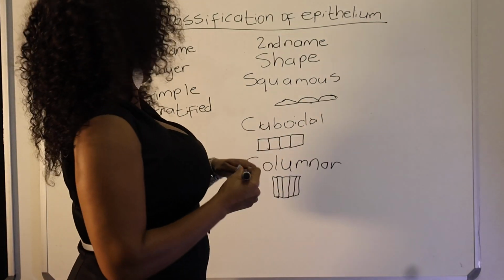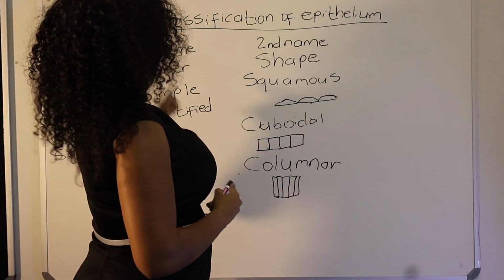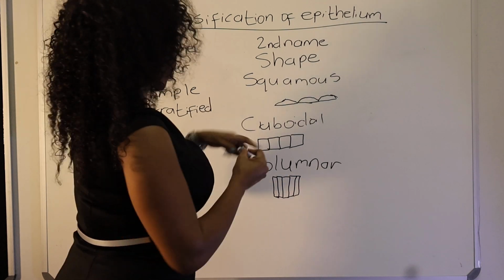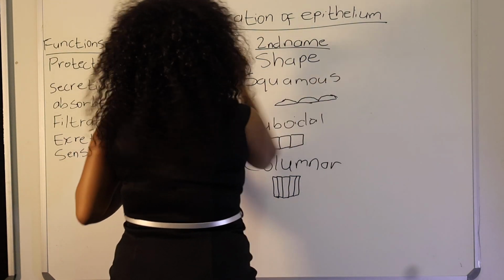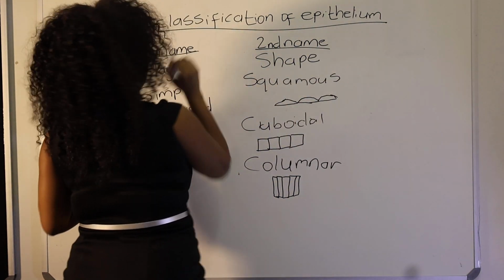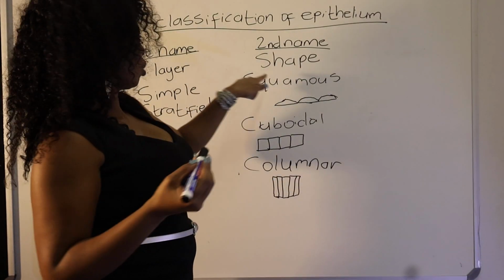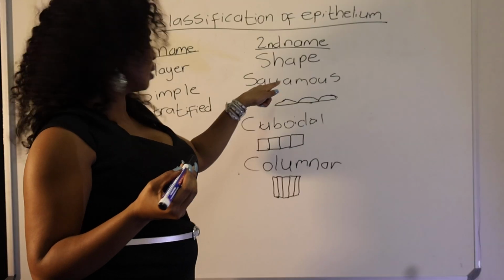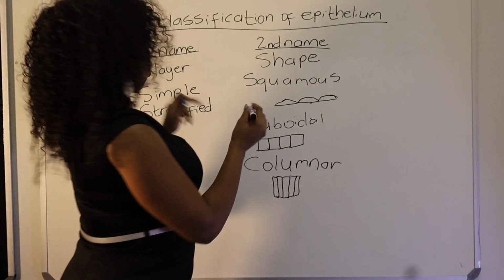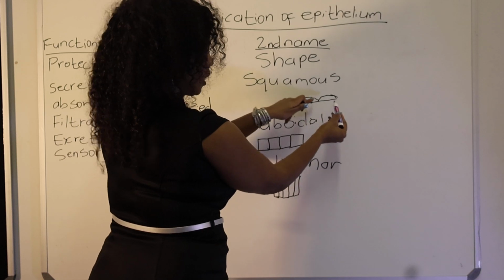So if the name says simple squamous, this is the first name and the second name, it means there is just 1 layer of this.